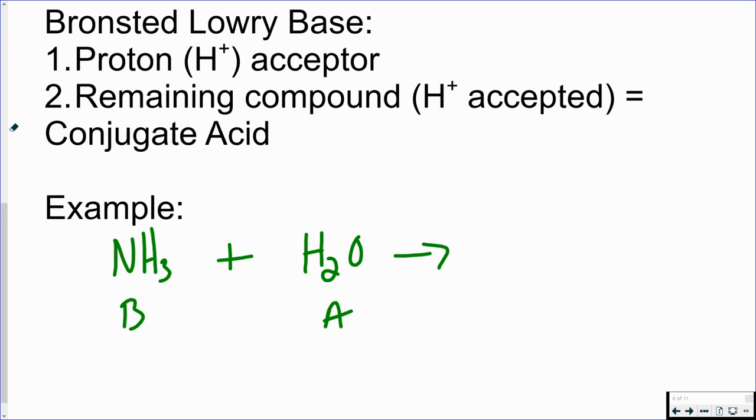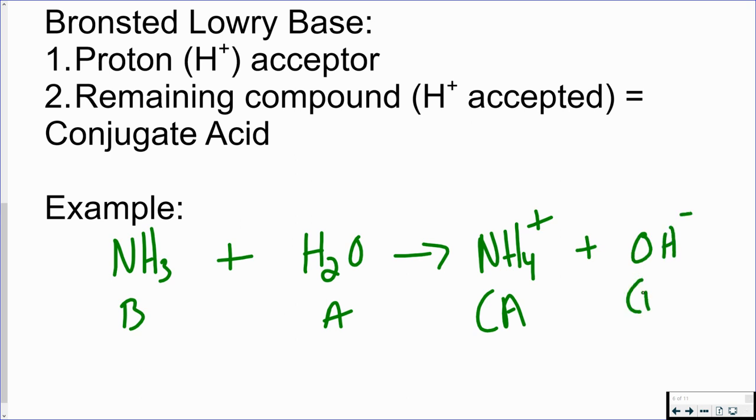It donates the hydrogen, giving us the ammonium ion. This becomes the conjugate acid because it would be able to give off a hydrogen, whereas OH− becomes the conjugate base because it would be able to accept a hydrogen.